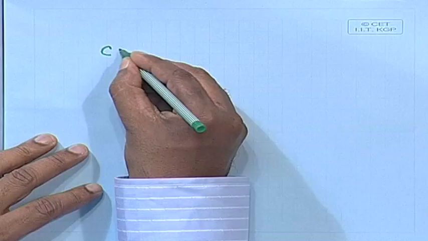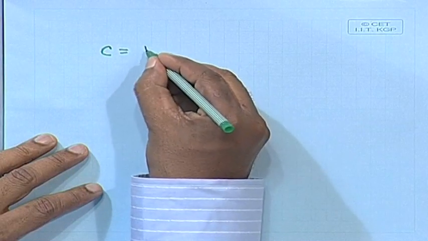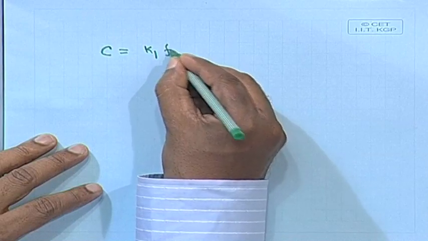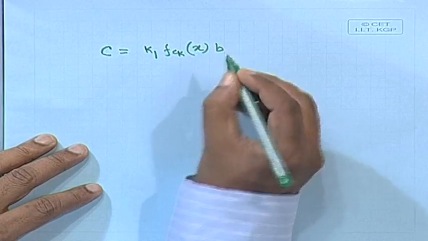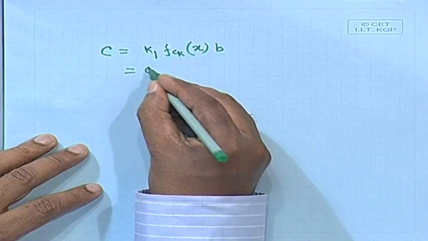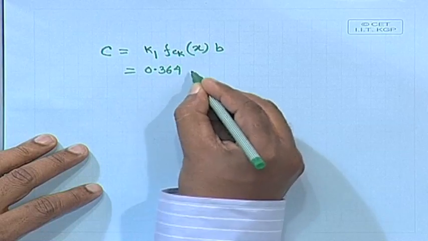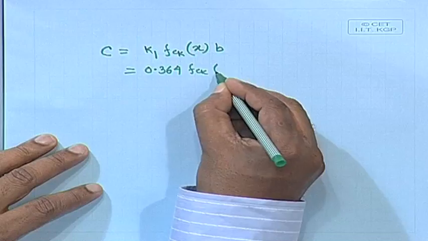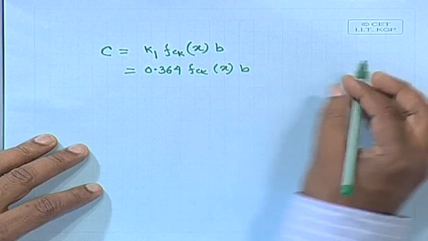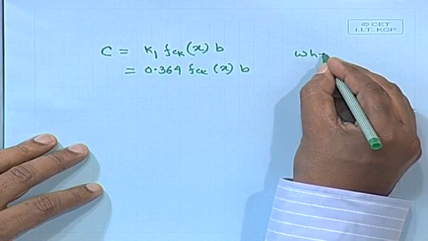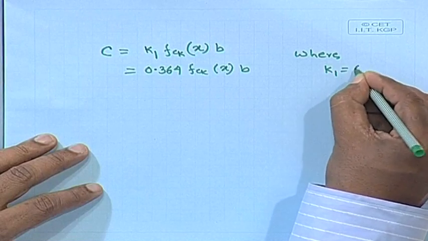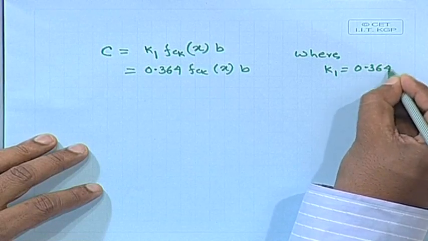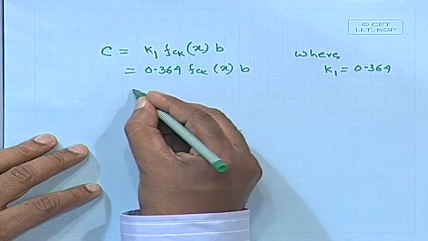We can further write down C equal to K1 FCK x b, in our case 0.364 FCK x b, where K1 equal to 0.364.